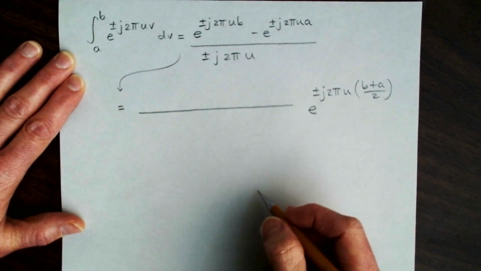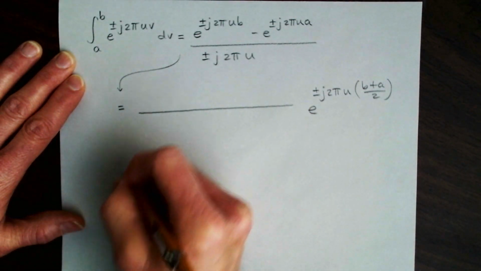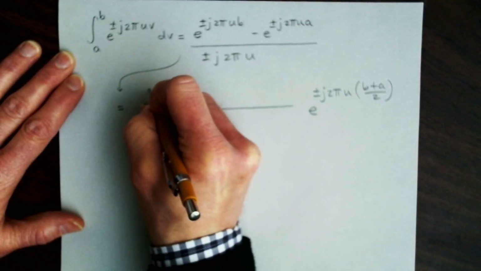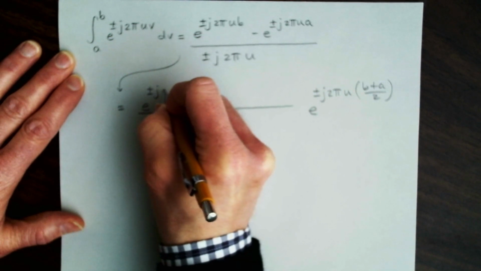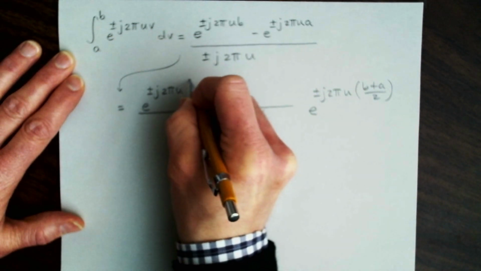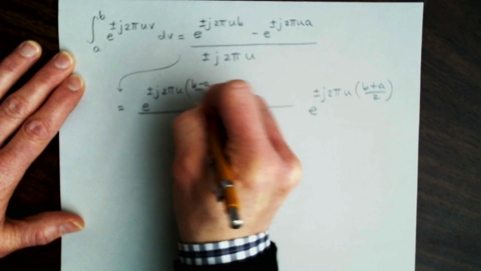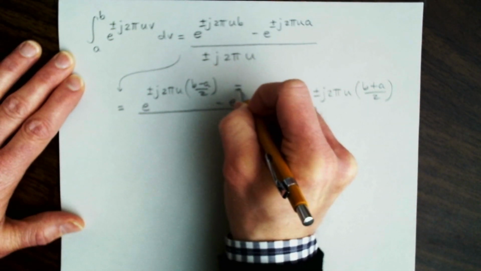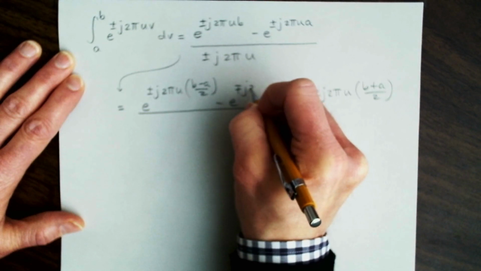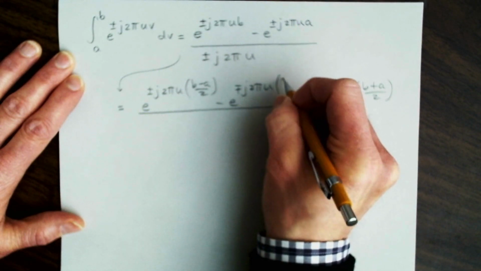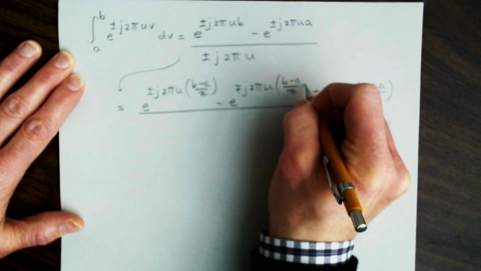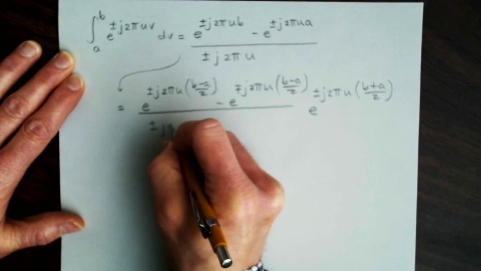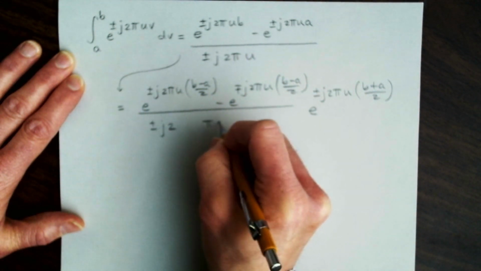That's the part that we're going to factor out. And so what's left when we're done is going to be this, e to the plus or minus j 2 pi u times b minus a over 2, minus e to the minus or plus j 2 pi u times b minus a over 2. And on the bottom we have plus or minus j 2 pi u.